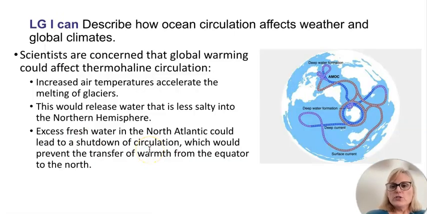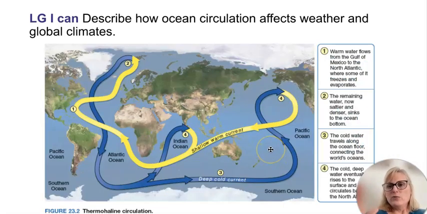Okay, so we're concerned that with climate change, our thermohaline circulation is going to get really changed a lot. This is a picture here, kind of from a different view. So the last picture, let me show you here, was a sideways view, kind of focusing on Europe and Africa and Asia.